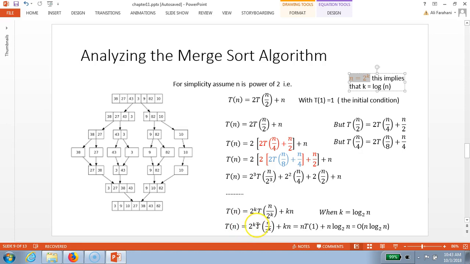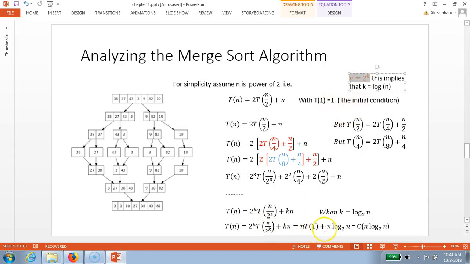T of n is equal to 2 to the k, t of n over 2 to the k plus k times n. That is equal to, now 2 to the k is n, so I'm going to replace that 2 to the k by n. And this t of n over 2 to the k, once again, we expanded it so that we reach 1, the initial condition. This is t of 1.